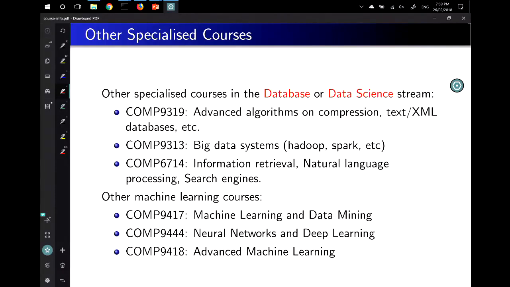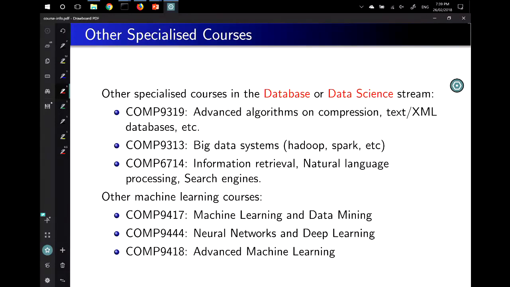If you don't have too much time or just want to take one of them, either one will do. Another course is Alan's course on neural networks and deep learning. It's a revamped course, focusing more on the deep learning parts.